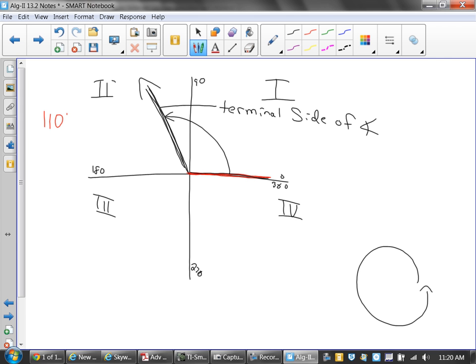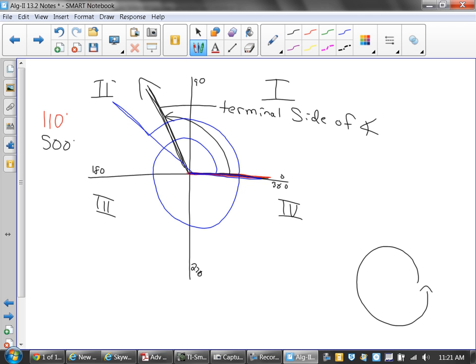If I wanted to say we had a 500 degree angle, again, I would start here: 90, 180, 270, 360. What's 90 more than 360? 450. So I go about 50 more.